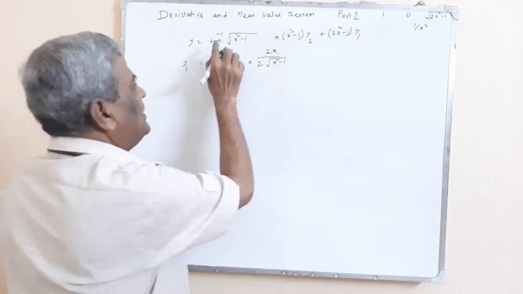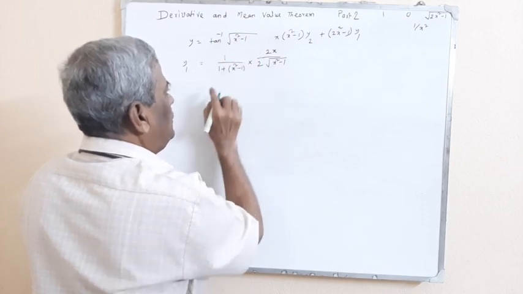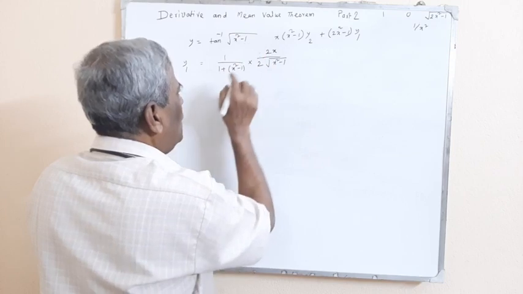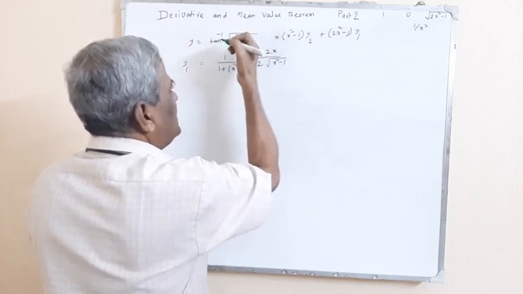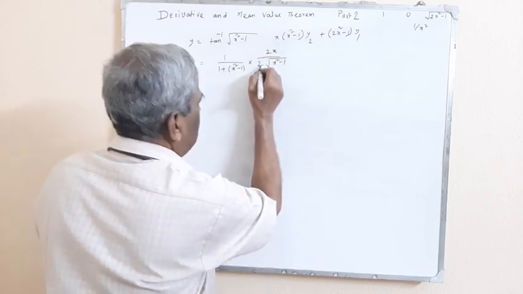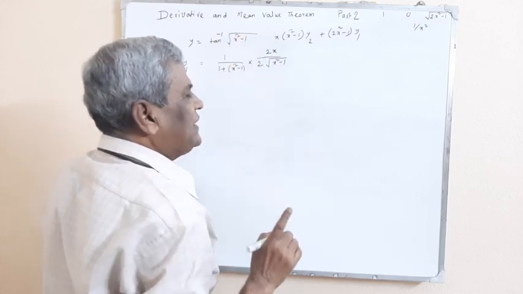Once again I am repeating, tan inverse function, that's why it is 1 upon 1 plus this square into derivative of that. It is square root, means this to the power half, so it is 1 by 2 into this to the power half minus 1, that is minus half.